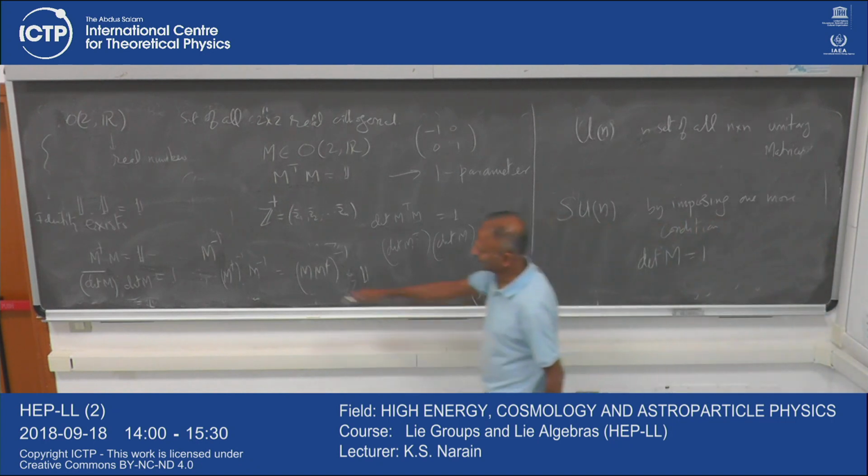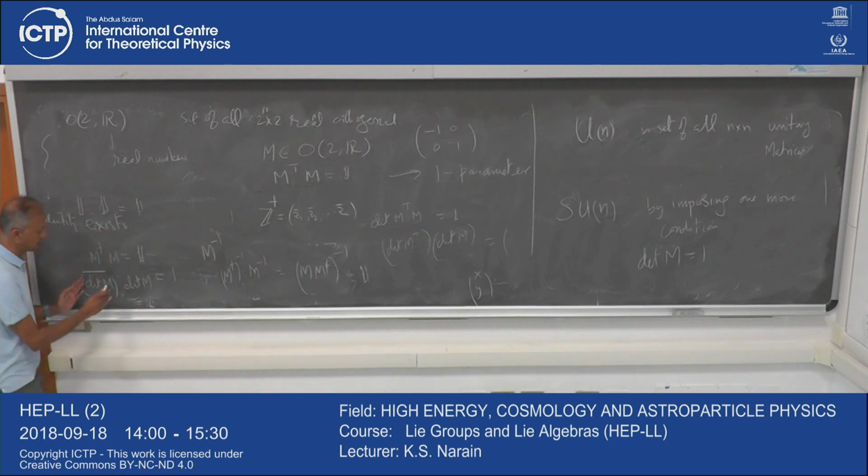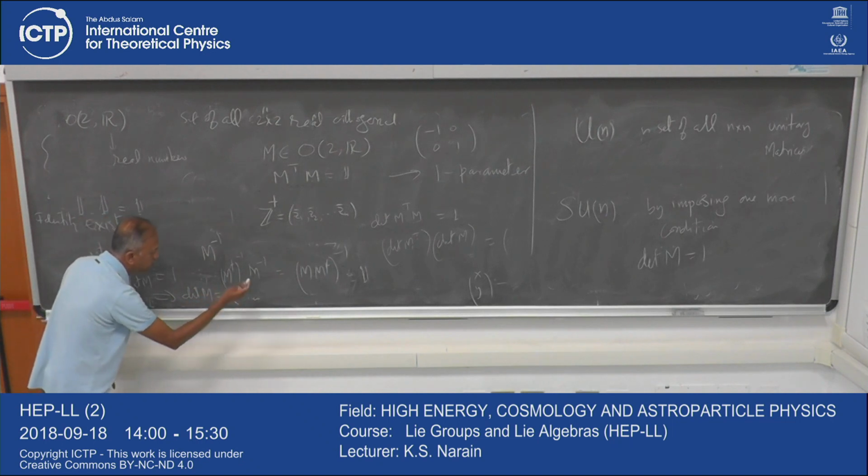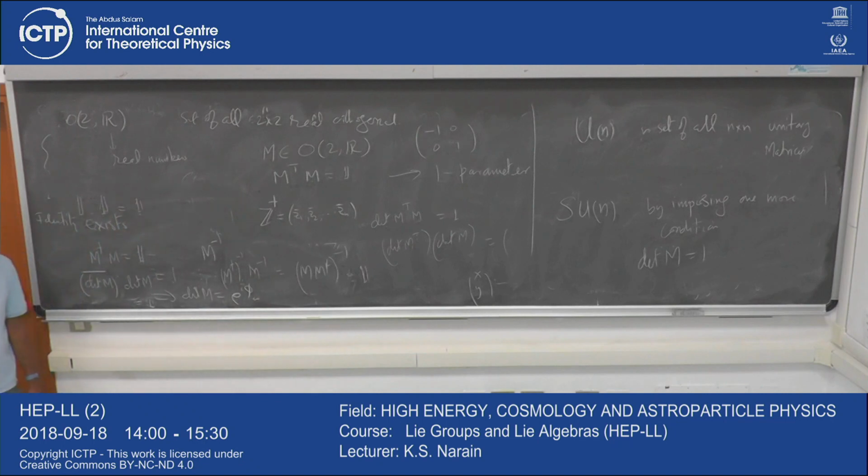Notice that we already checked that being unitary implies the modulus squared of the determinant of M is 1. Unlike in the O(N) case, where there was no complex conjugation and everything was real, so the determinant of M squared was 1 and there were only two possibilities, plus 1 or minus 1. Now, however, the modulus squared of the determinant of M is 1, so the determinant of M can be a pure phase, some e to the power of i phi. So there is one parameter here.